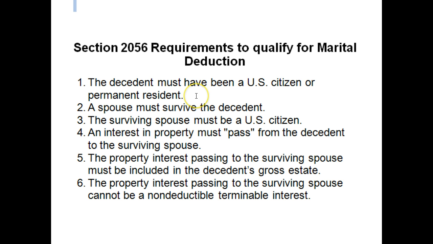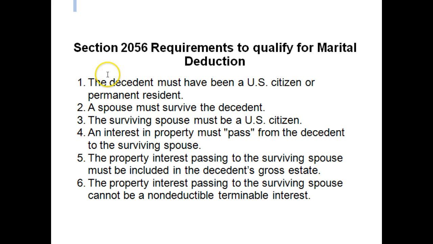This means that the government is basically recognizing that if you're a U.S. citizen or resident, you are subject to tax. If you are not a U.S. citizen, you are not subject to tax, generally. It's as simple as that for this particular Item 1 condition.